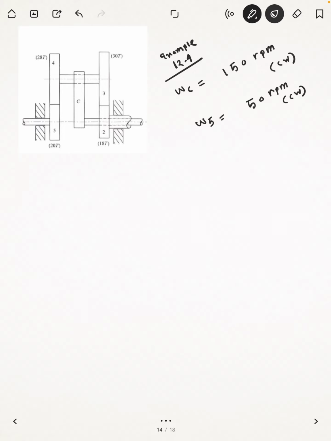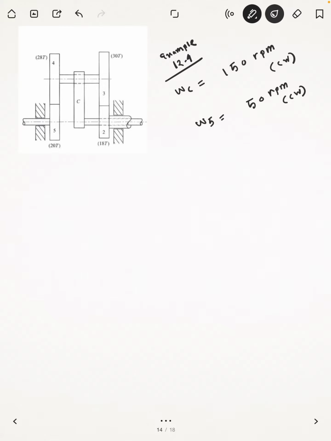As I said, when we determined the angular velocity in terms of the teeth ratio, we took a negative sign. If one gear rotates clockwise and another gear rotates clockwise, we take that negative sign. That negative sign is to keep track of the rotation of the gears.